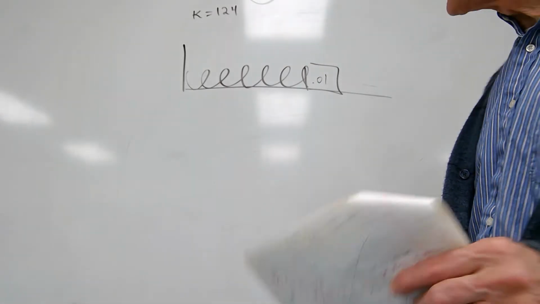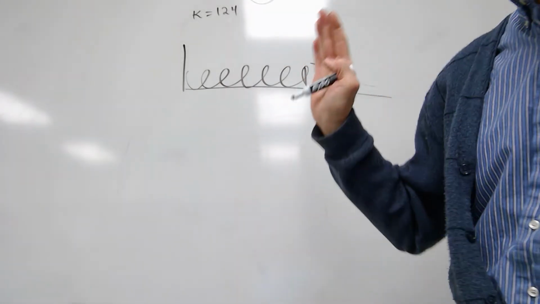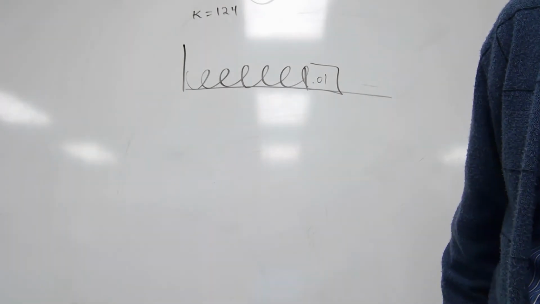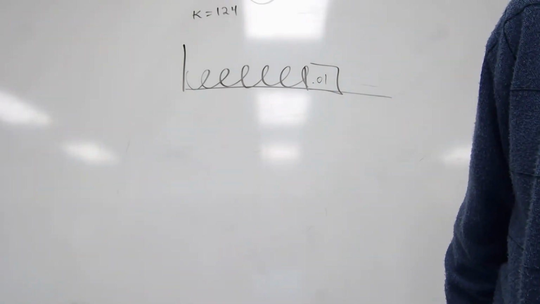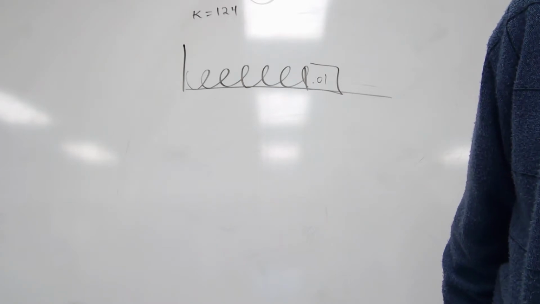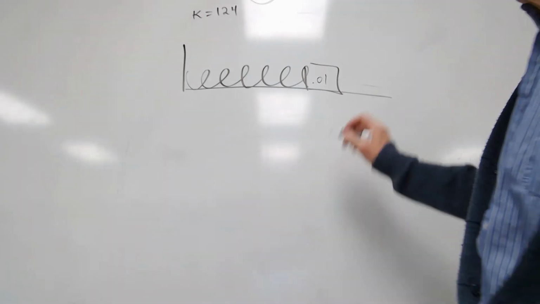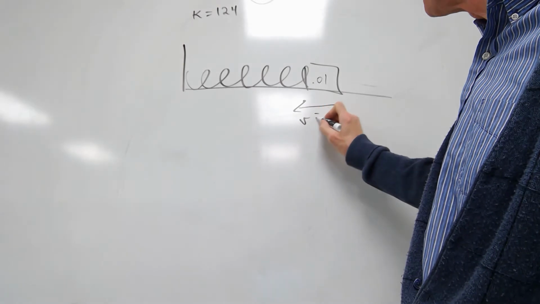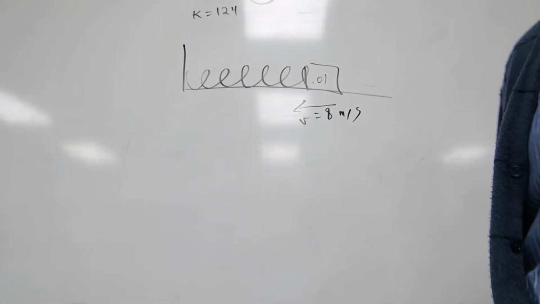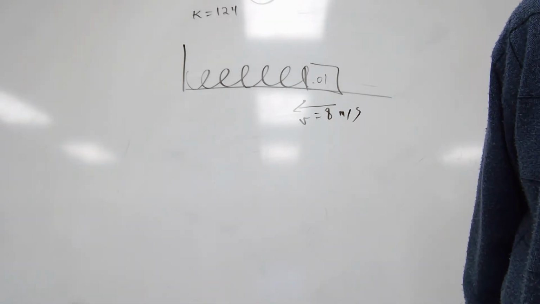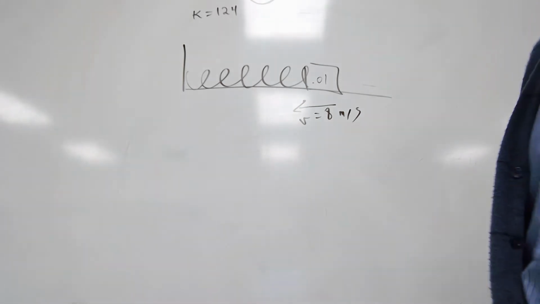And the question is, if you give it a push, the block is shoved parallel to the spring axis and is given an initial speed of 8 meters per second. Velocity here is 8 meters per second. Okay, then the question is, what is the amplitude of the simple harmonic motion?